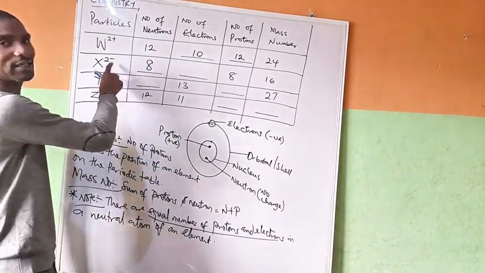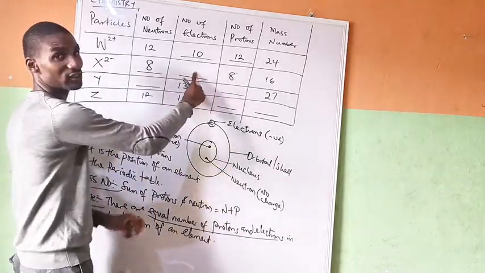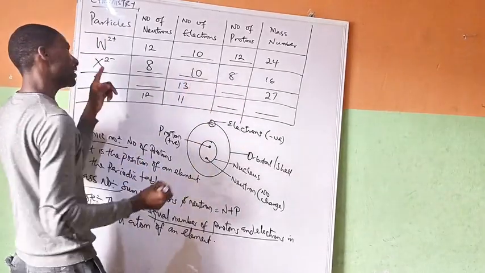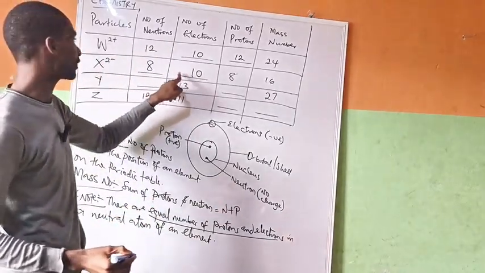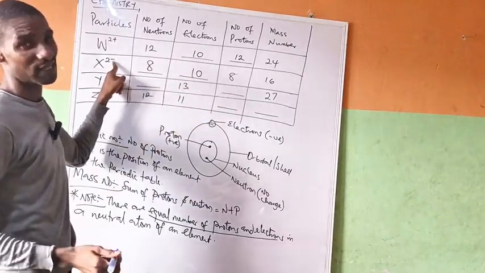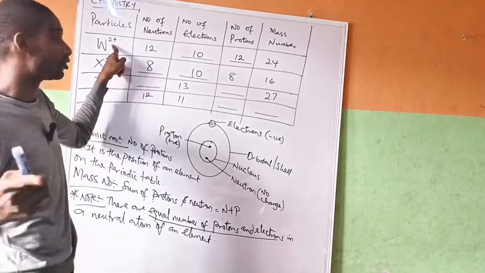So here there are 2 extra electrons. Instead of 8 electrons, it's borrowed 2 to make it 10. So this element has 10 electrons. Are we together now? The minus is the excess, because it has borrowed it, while this one has given it out or lost it.